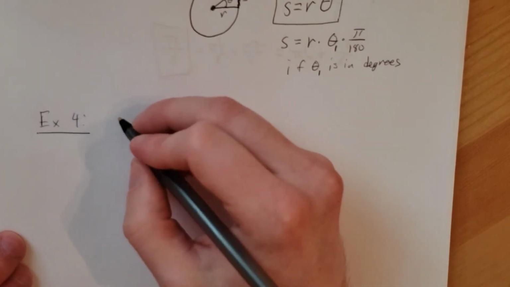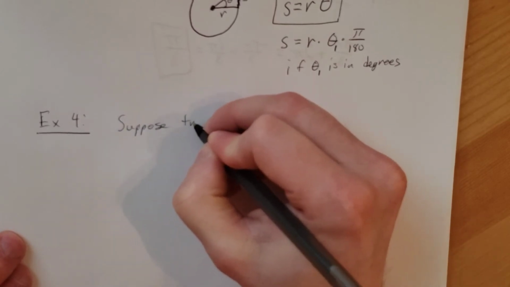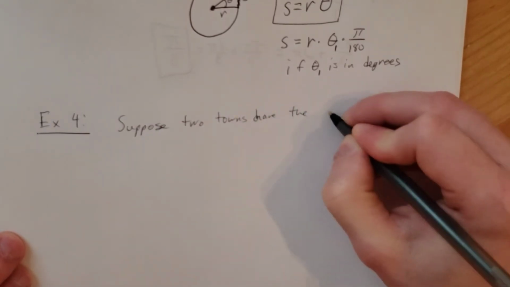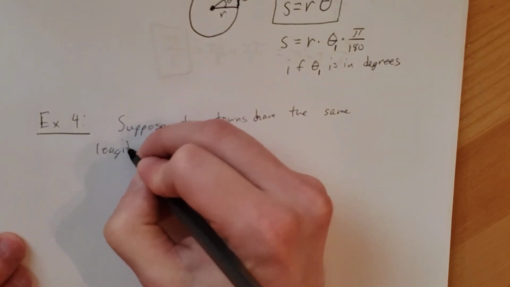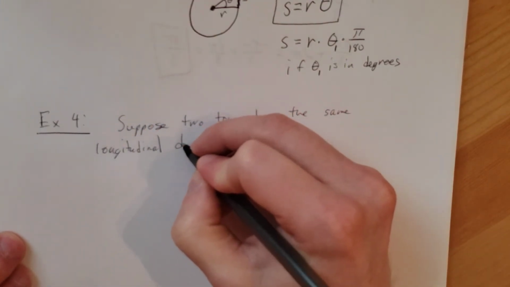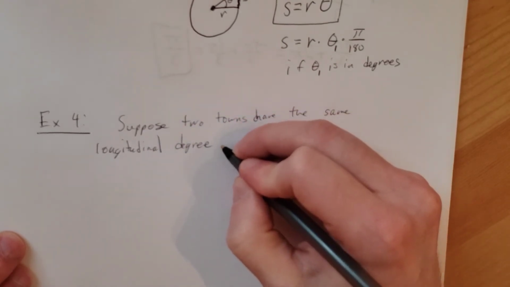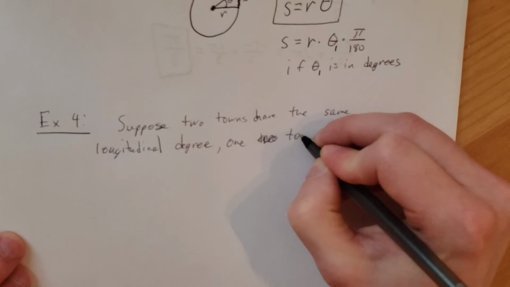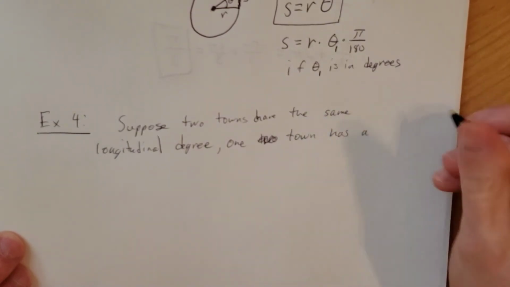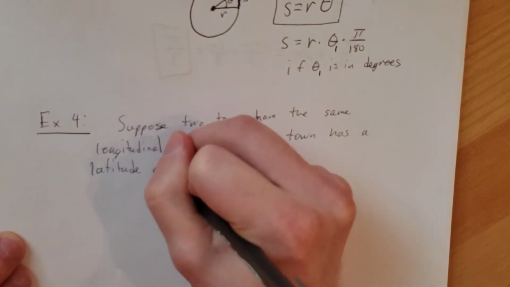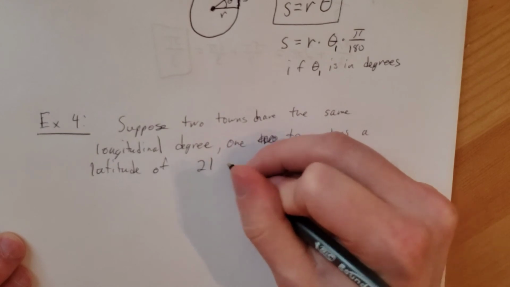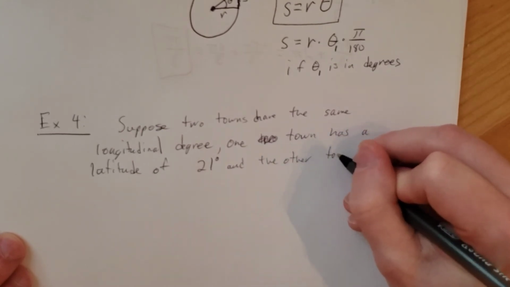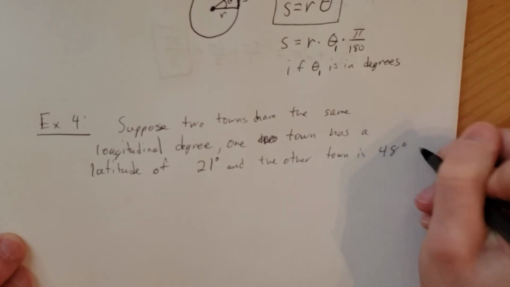So what if we said, suppose two towns have the same longitudinal degree, one town, sorry, has a latitude of 21 degrees north of the equator, and the other town is 48 degrees.